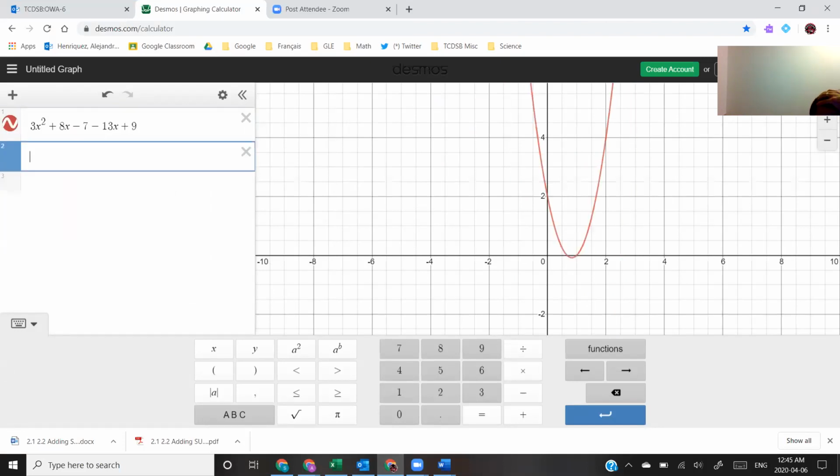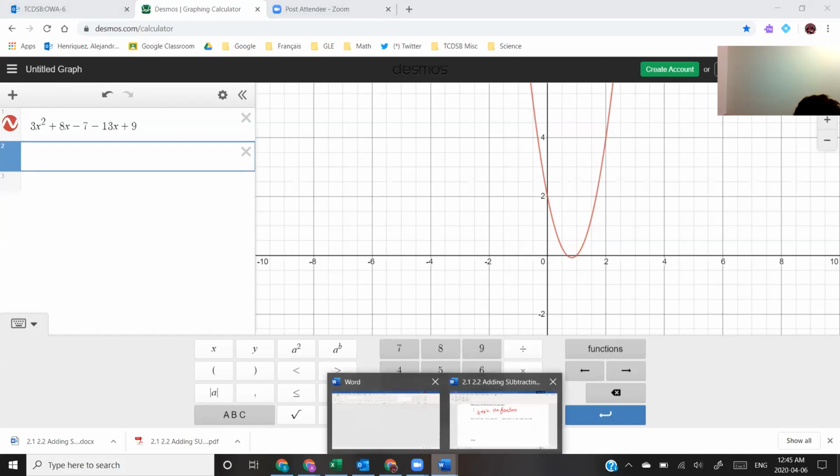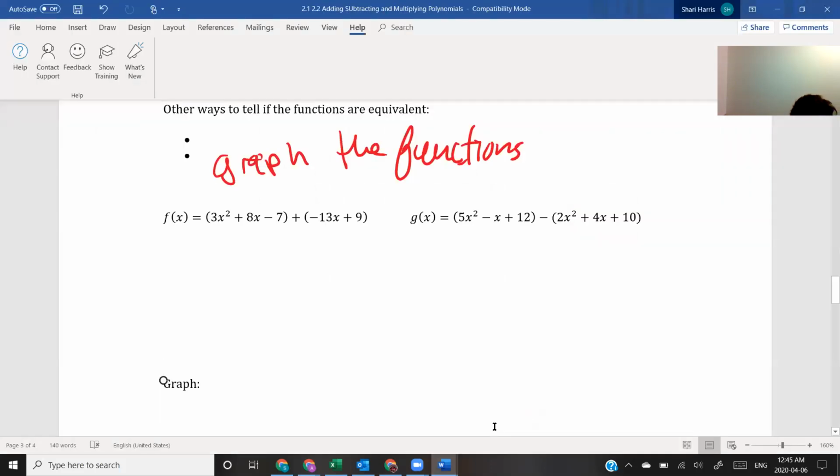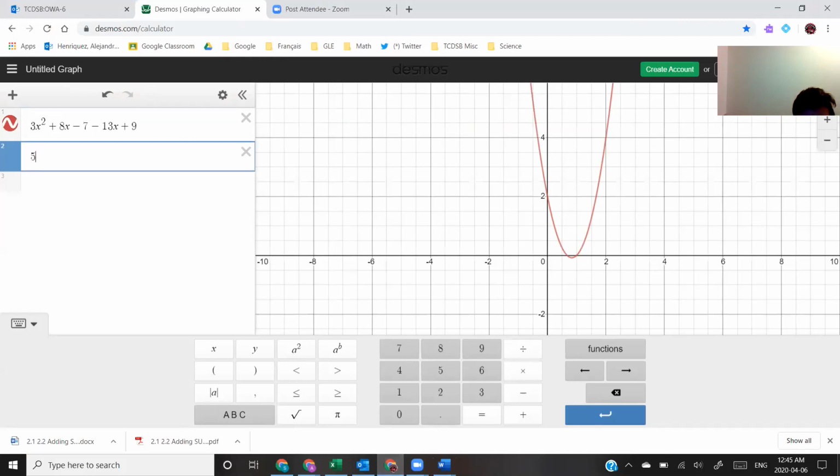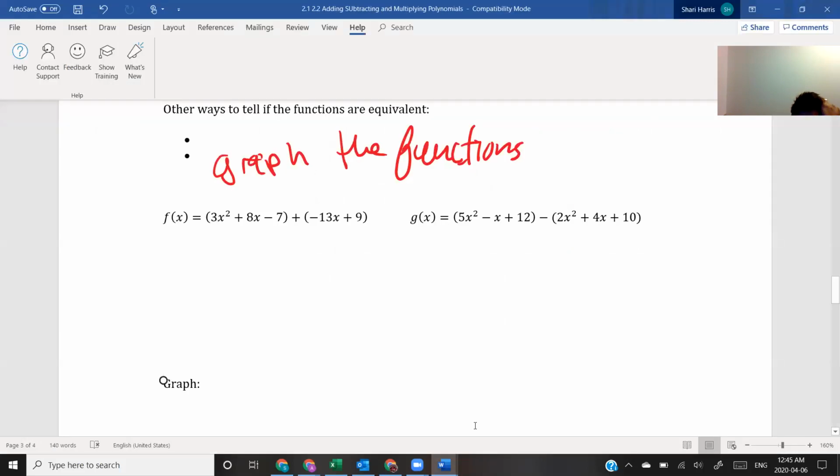So that's one graph. The next graph will be 5x squared minus x plus 12, minus 2x squared minus 4x minus 10.